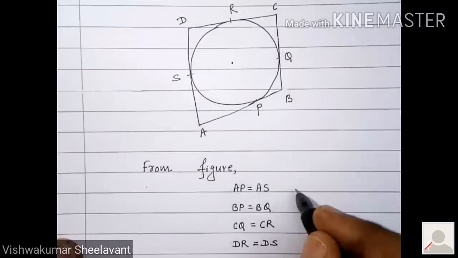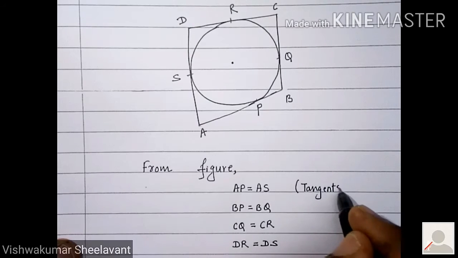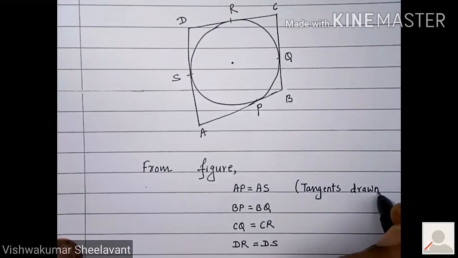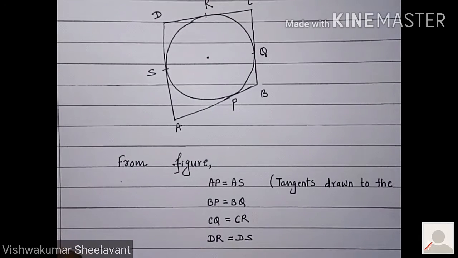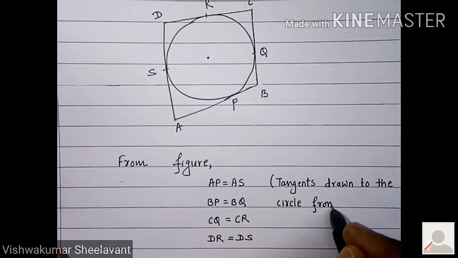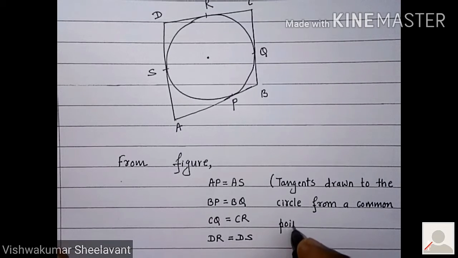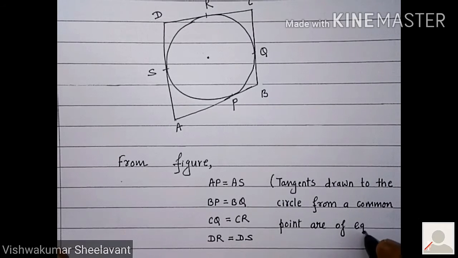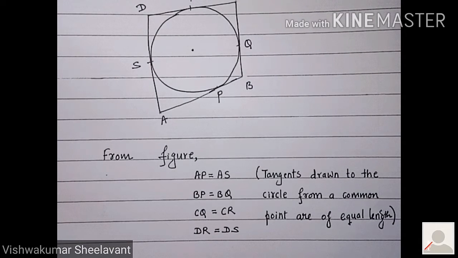Reason is tangents drawn to the circle from a common point are of equal length.